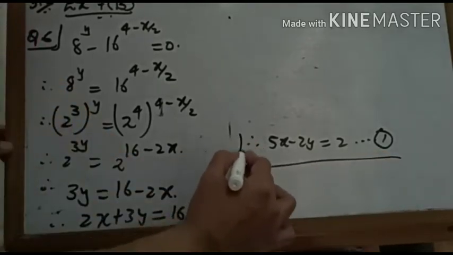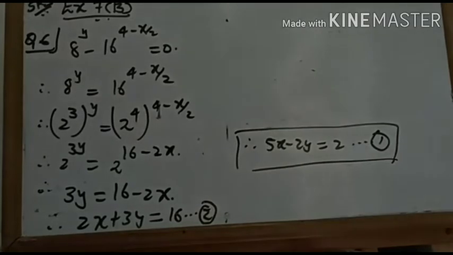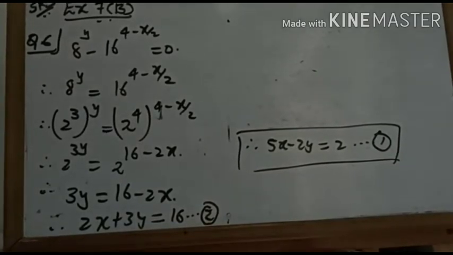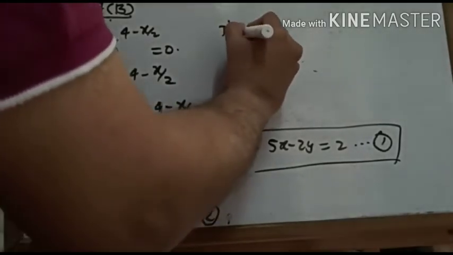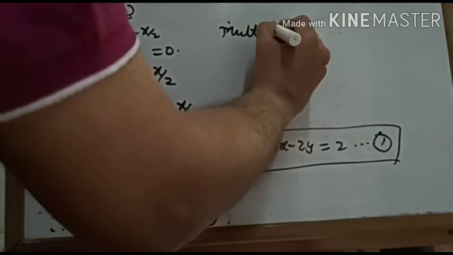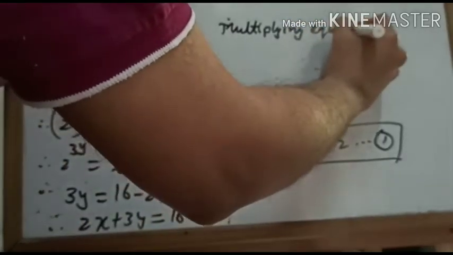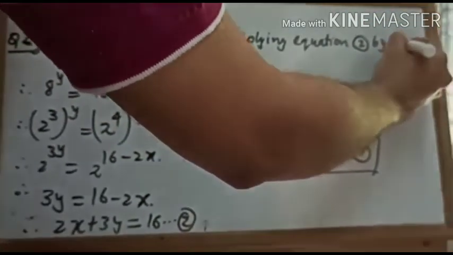Here this was equation number 1. Now what I am going to do is very interesting. I will get rid of one of the variables. Observe what I am going to do. I am multiplying equation 2 by 2.